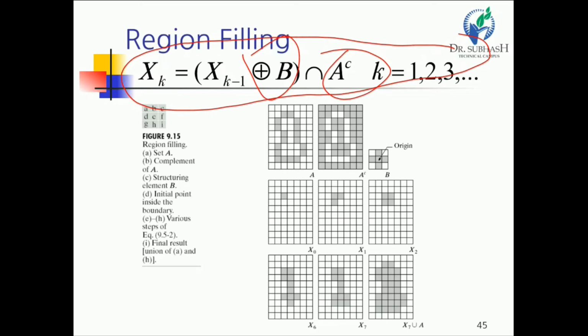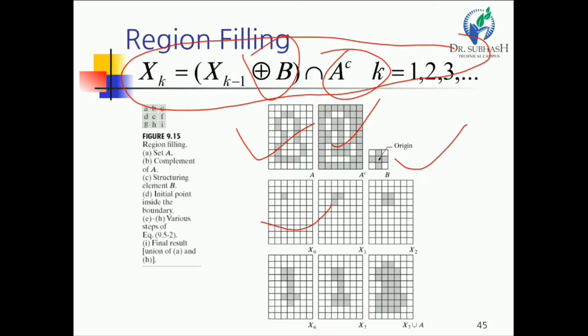The same function can be represented with this image. Figure A is the set A, figure B is the complement of A, figure C is the structuring element B, and figure D is the initial point inside the boundary.